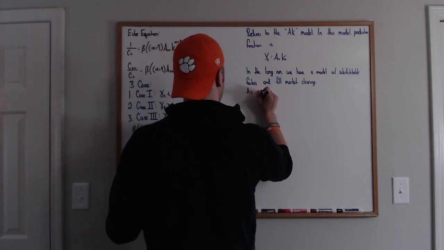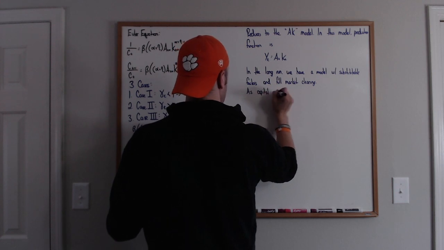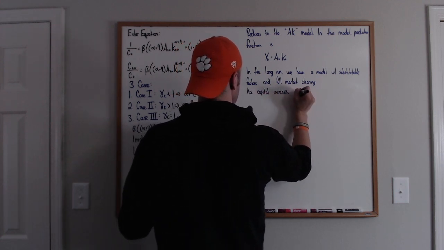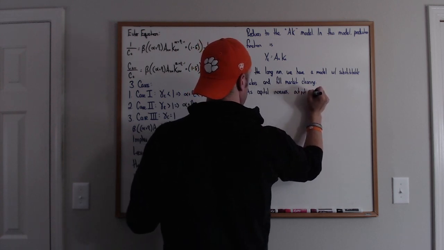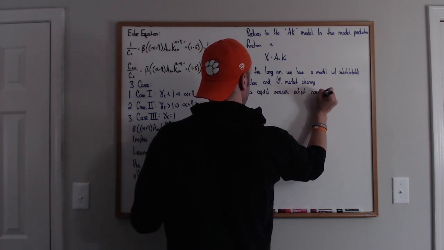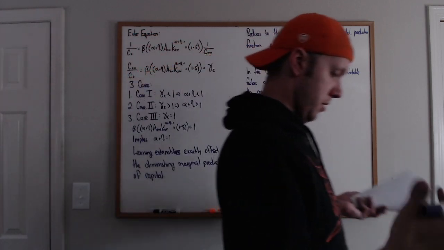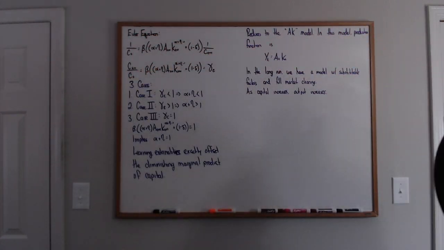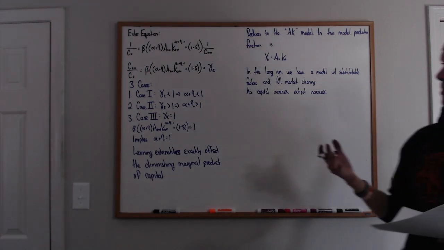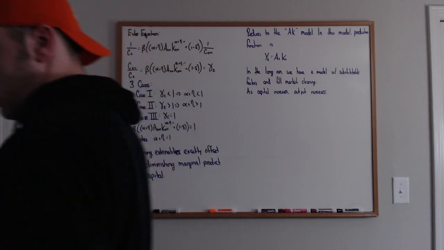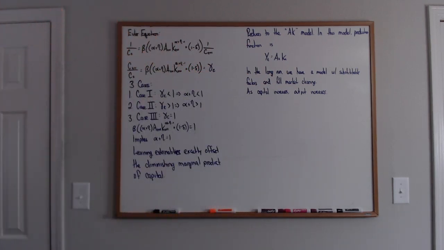So as capital increases, output increases, right? Which we would expect. But remember, this is per capita. All right, this is the per capita marginal product of capital. So this is per person. It's like individual investment.